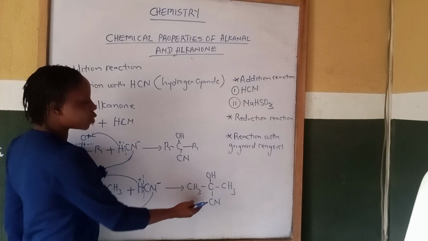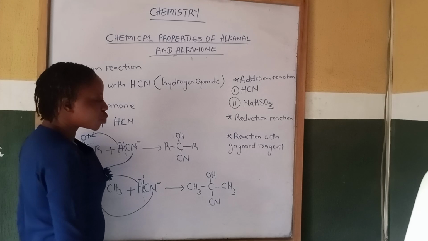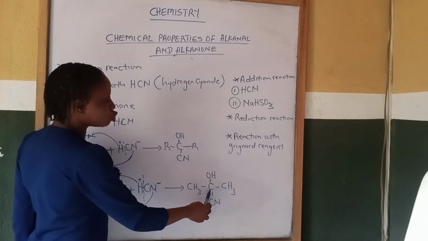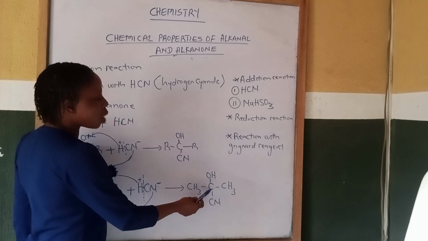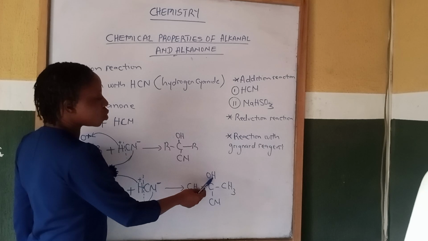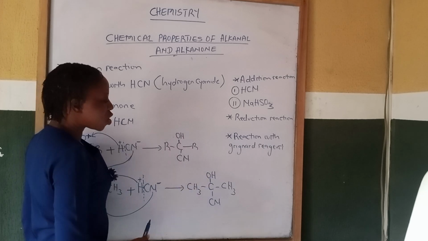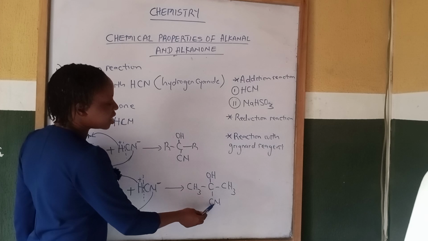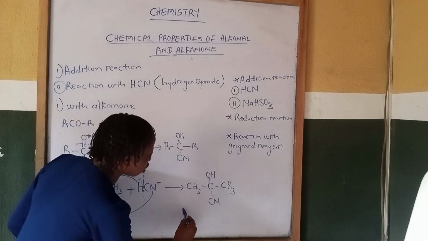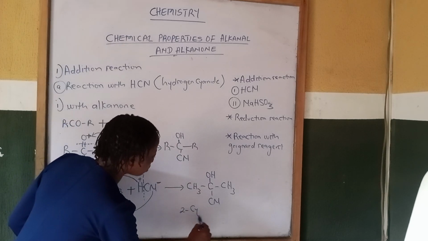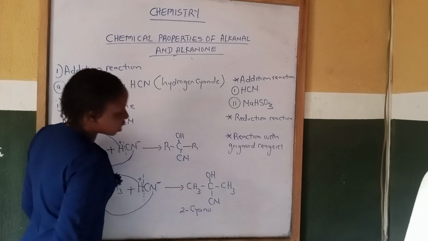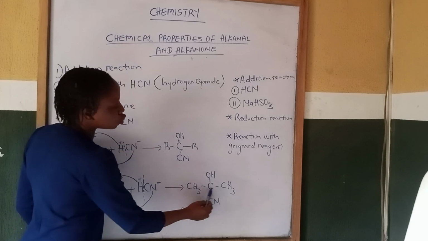So let's name the product. 1, 2. We can see that our hydroxy group is on the second carbon atom, then the cyanide is on the second carbon atom. We can call it 2-cyano. Then 1, 2, 3.